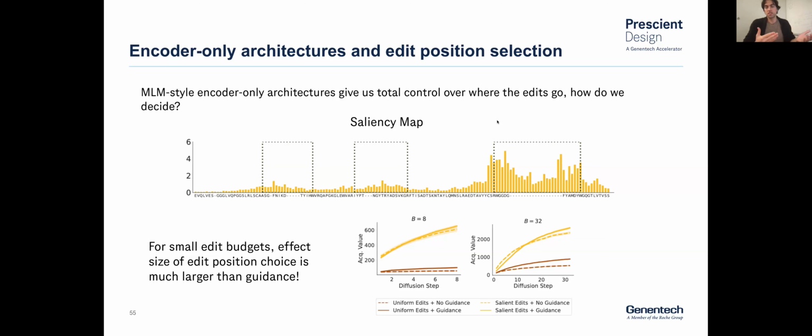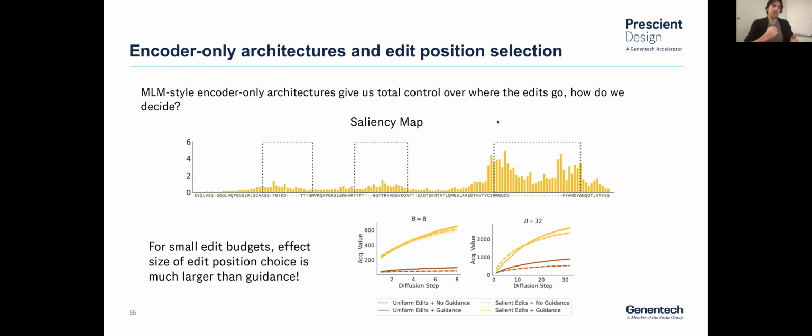And so one of the methodological developments that we made in this paper was to start relying on methods from model interpretability, specifically saliency maps, to automatically select edit positions that were going to maximally improve the sequence acquisition value.